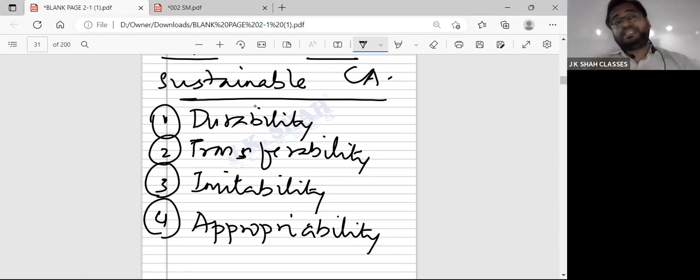You are the only organization that will make this drug. If some other company wants to copy this, they will take permission, and for giving the permission, you will charge royalty money. So this is a source of revenue for the next 10 years. No other competitor will be able to do this for the next 10 years. This is durability.